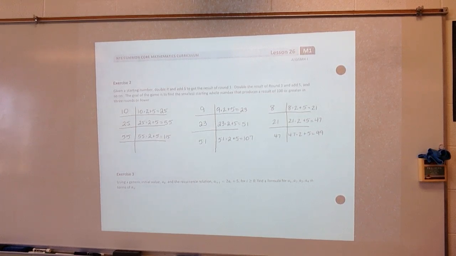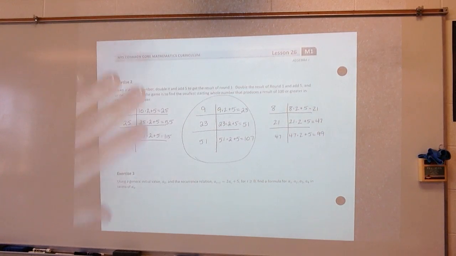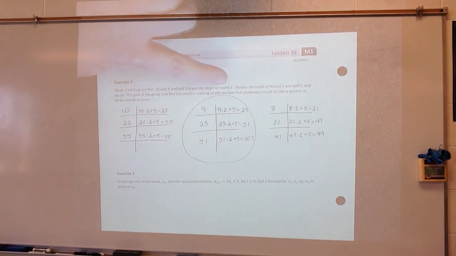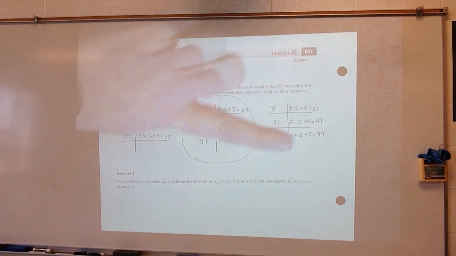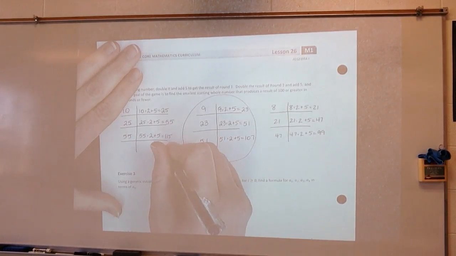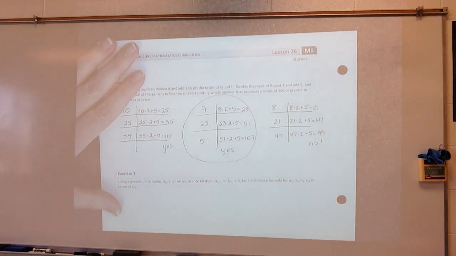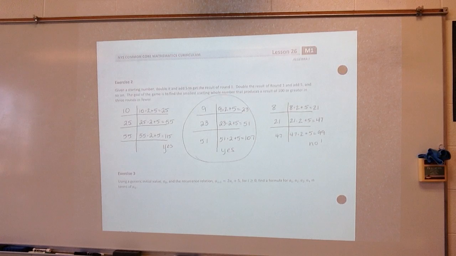Did 8 work? It did not. So what is the smallest that I can get? 9 is the smallest that I can start with to get a number that produces the result of 100 or greater in 3 rounds or fewer. So this was a yes, this was a no. Alright, so 9 is my smallest.